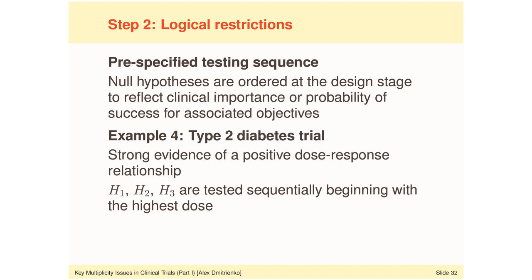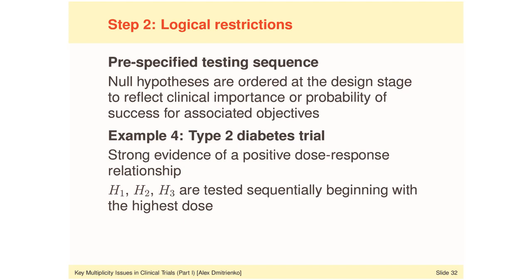In this case, we say pre-specified to emphasize the fact that we have enough prior information to choose a testing sequence before we unblind the data in a clinical trial, before we actually compute the hypothesis test statistics. And once the testing sequence is fixed, it cannot be modified. It is set in stone, and we build a chain, and we cannot break it to rearrange the links.